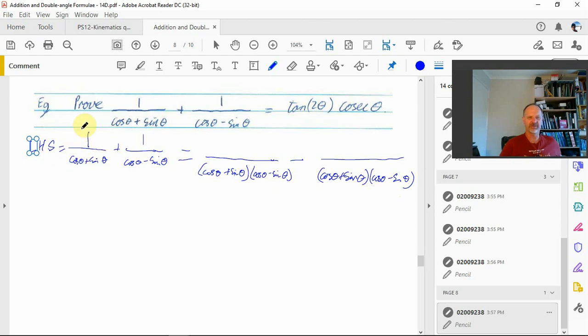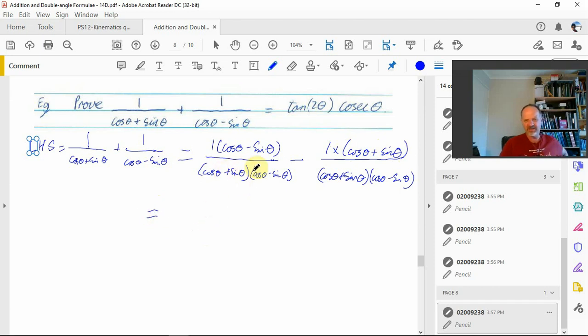So over here on the left-hand one, we didn't have that, so we're going to multiply top and bottom by cos theta minus sine theta. And over here on the right-hand one, that fraction I already had the minus, so I need to multiply top and bottom by the plus. And so there we are with that.